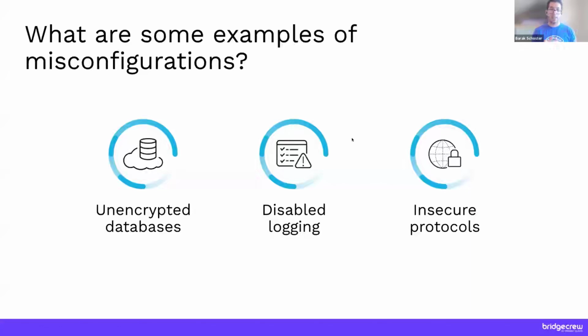The kinds of misconfigurations that we've seen are various, from lack of logging to insecure protocols to unencrypted databases. And together with our research team at Palo Alto Unit 42, we've discovered that 95% of the cloud security issues are actually related to misconfiguration.